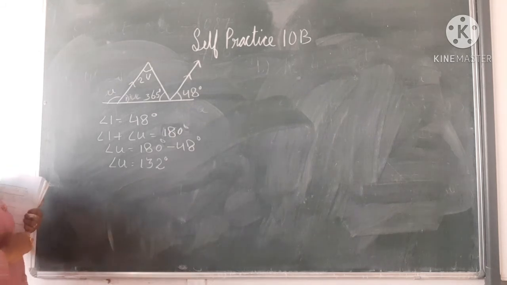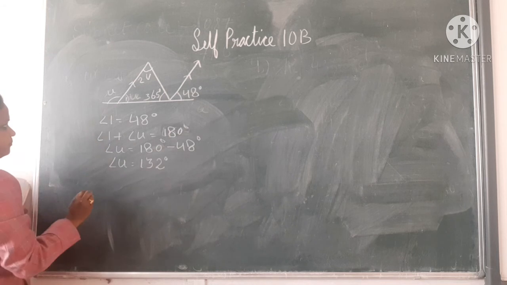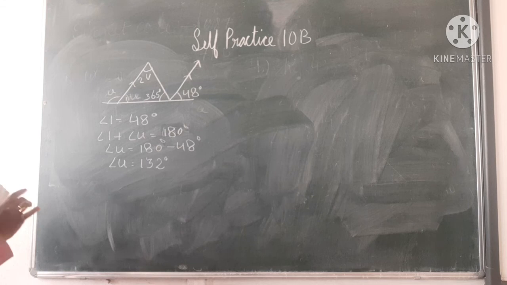Okay, when angle U is equal to 132 degree, so what will be angle V? Two values are defined, U and V. The U you have got.